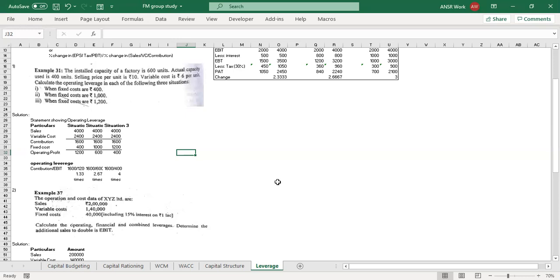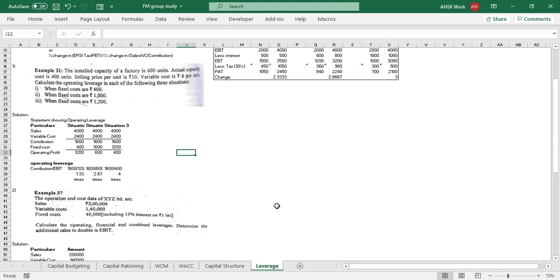Including 15% interest on 1 lakh. So this is equal to... So we have to deduct to get the actual fixed cost, is it? We have to deduct the 15%. So there is a slight trick to it.